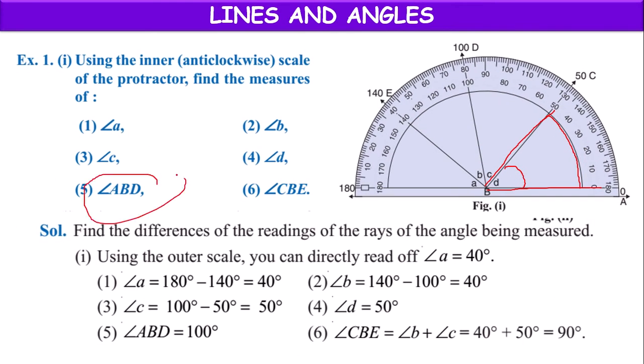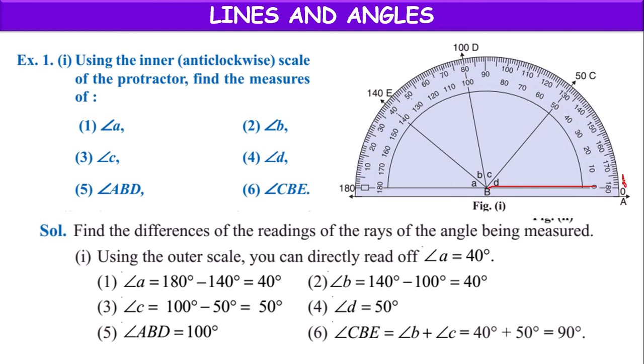Now angle ABD. This is A, this is B, and this is D. This line and that line are the same, because we can move the line parallelly. Angle does not change.